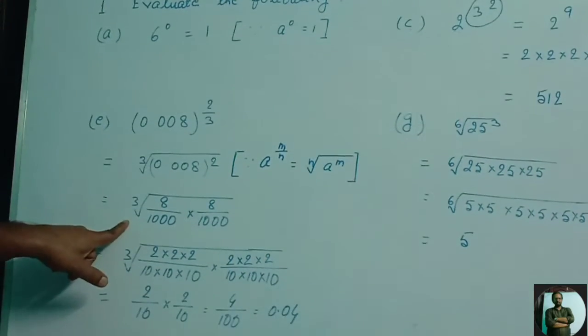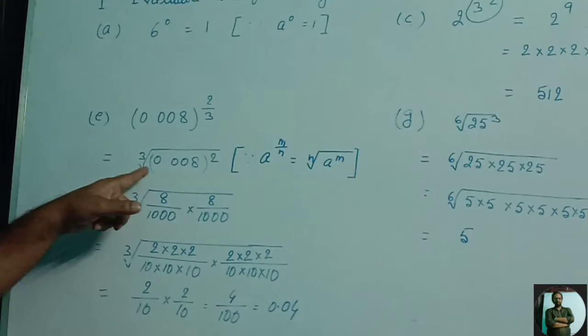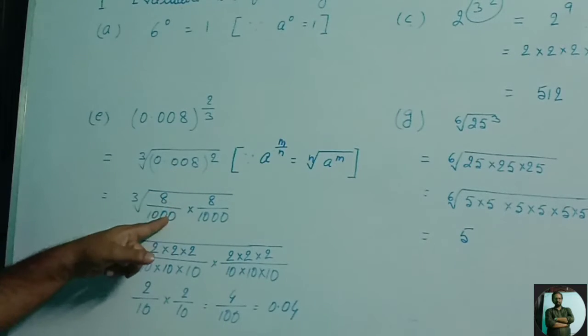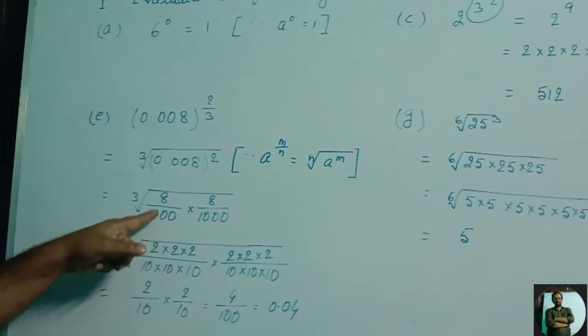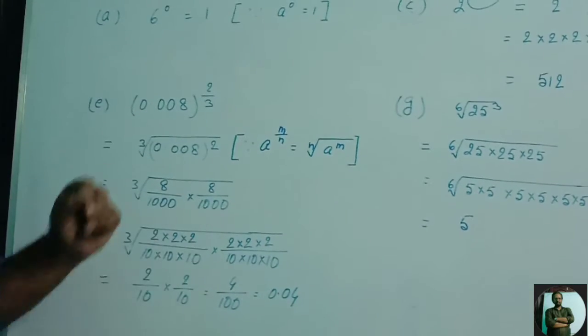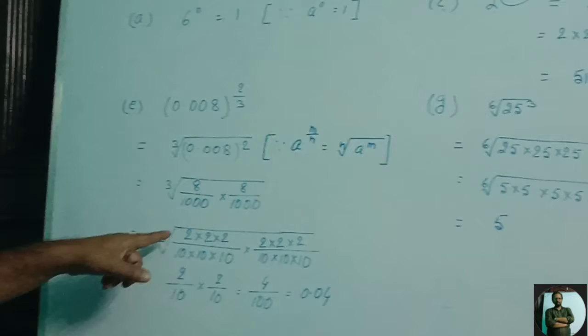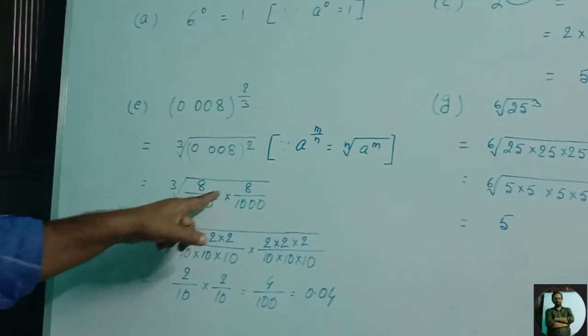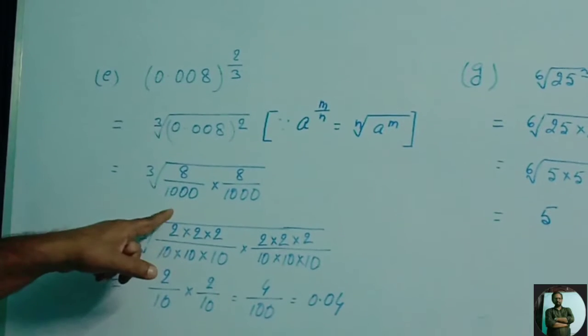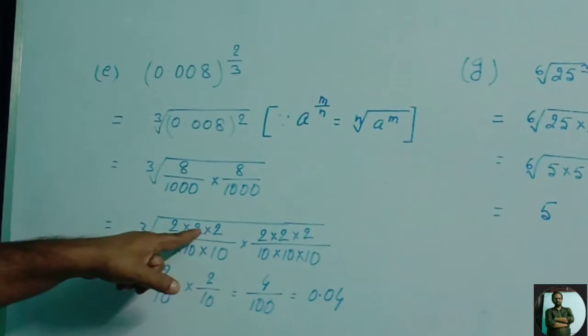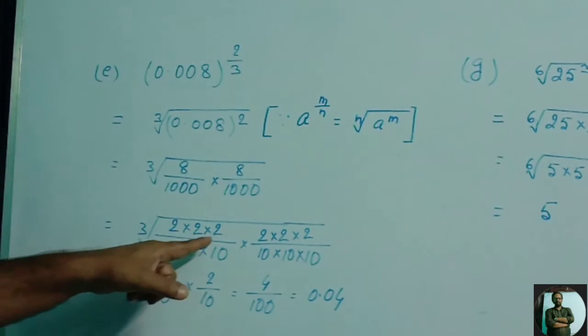In the second step, I wrote this in fractional form. 8 by 1000 squared is there, so I wrote 8 by 1000 into 8 by 1000, then the cube root of 8 by 1000 into 8 by 1000. Then in the next step, for the cube root of 8 I have written 2 into 2 into 2 by 10 into 10 into 10.